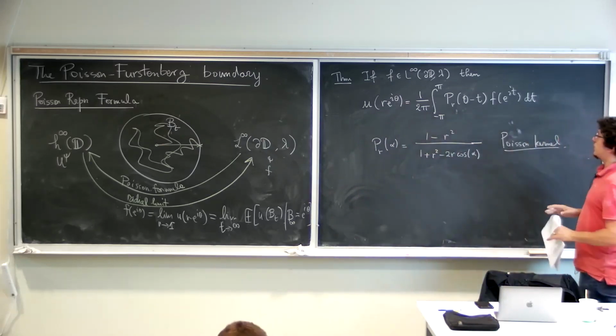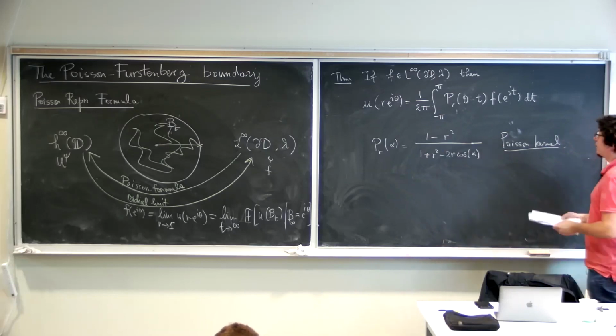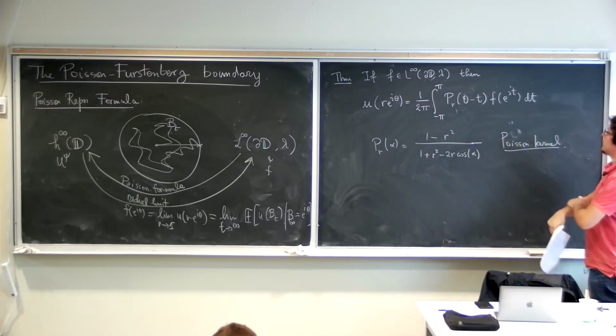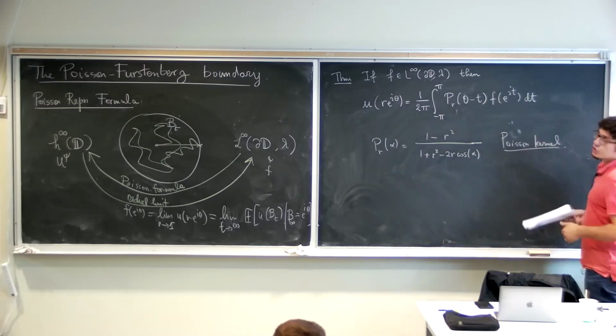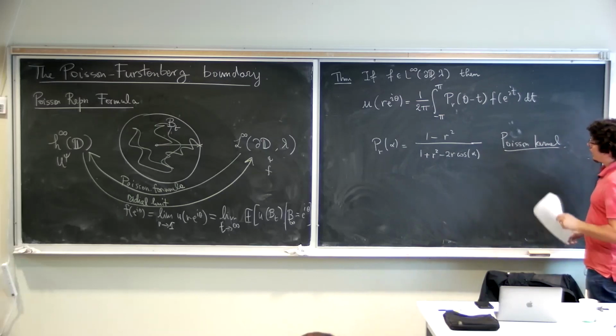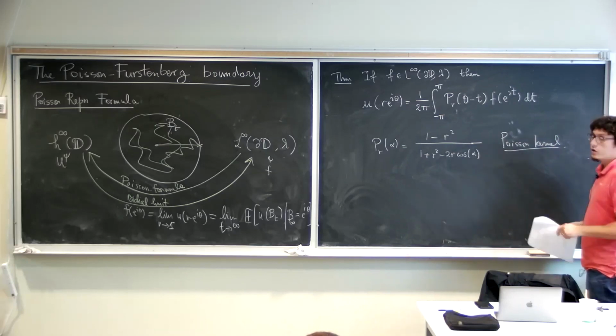Okay, so this is just a formula, but from a geometric point of view, this formula is much easier to remember if you recall that it is related to the geometry of the action of SL2R on the boundary of the disk.